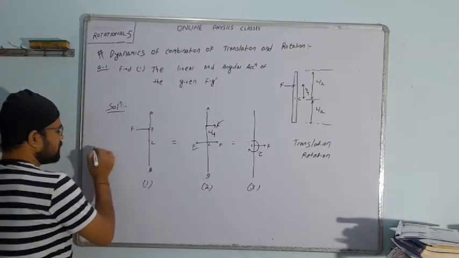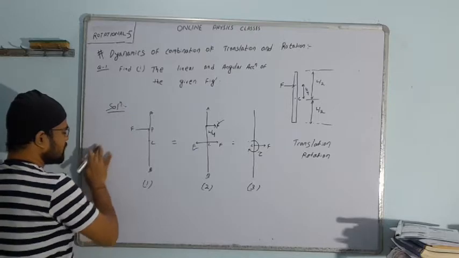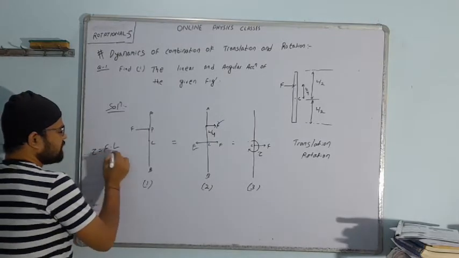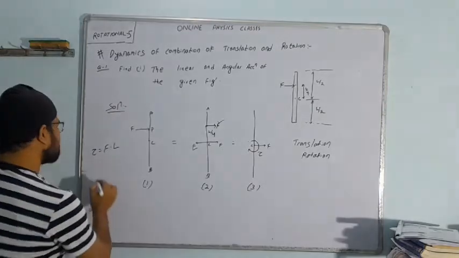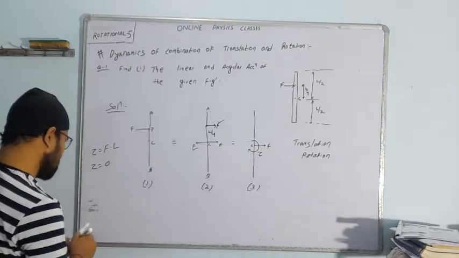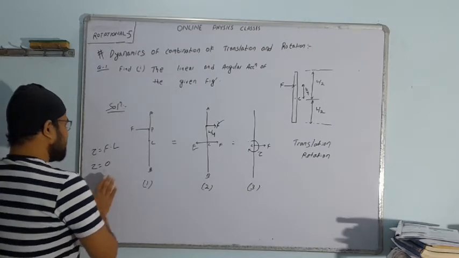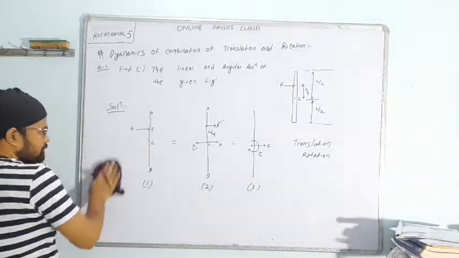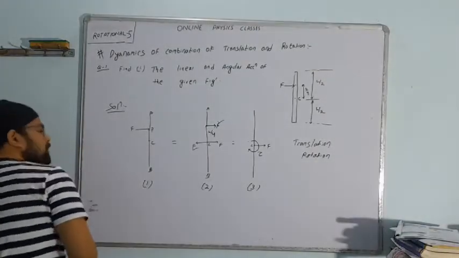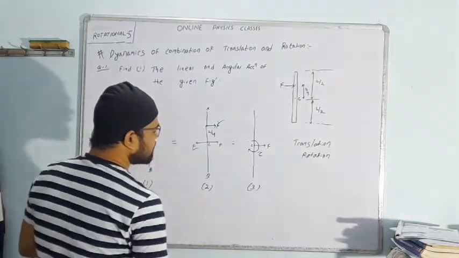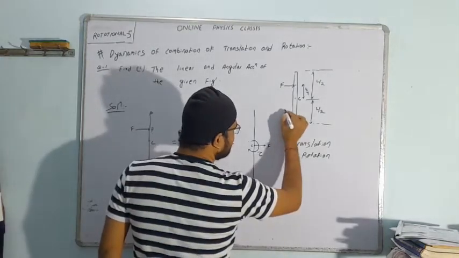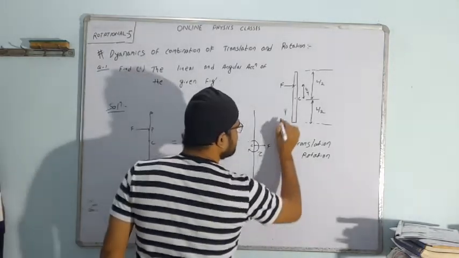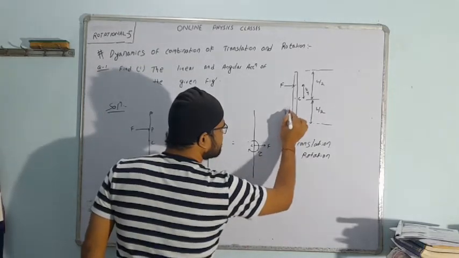We know that torque tau is equal to F into L, force into perpendicular distance. If the perpendicular distance is 0, then the torque is 0. So we can say there will be translation motion as well as rotation motion, finally the center will have rotation as well as translation.